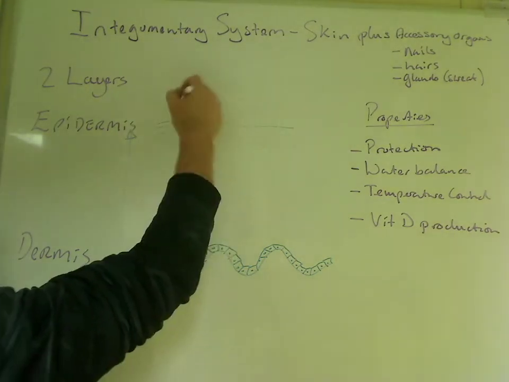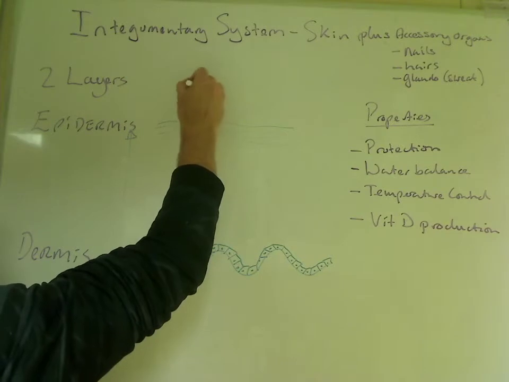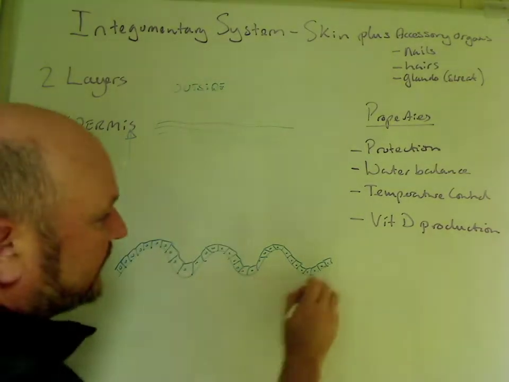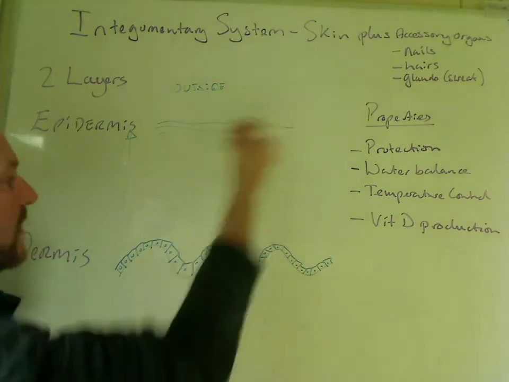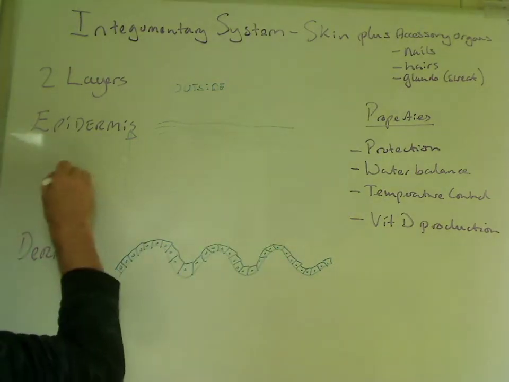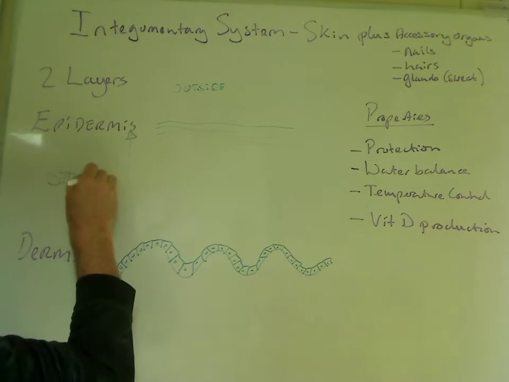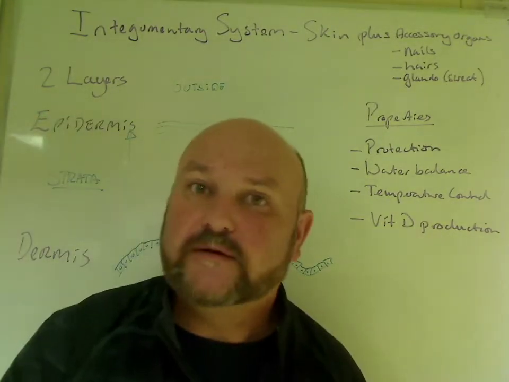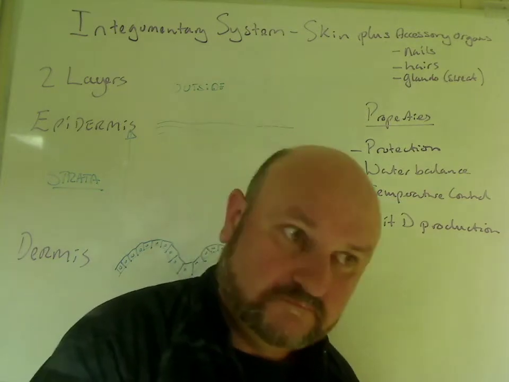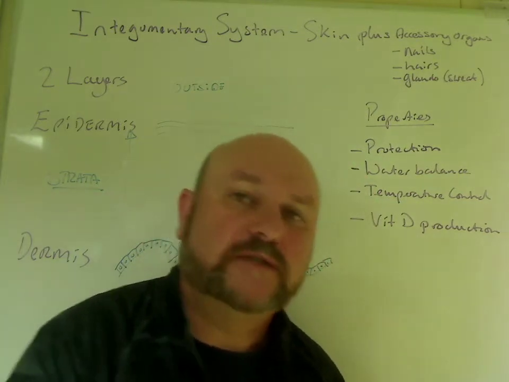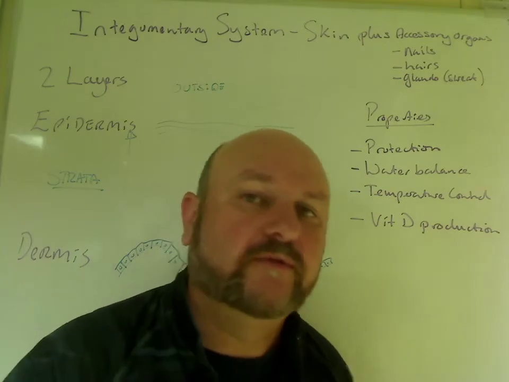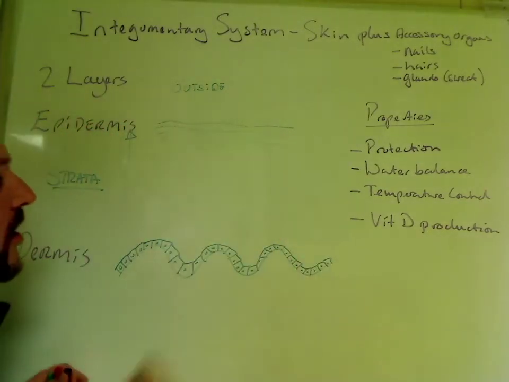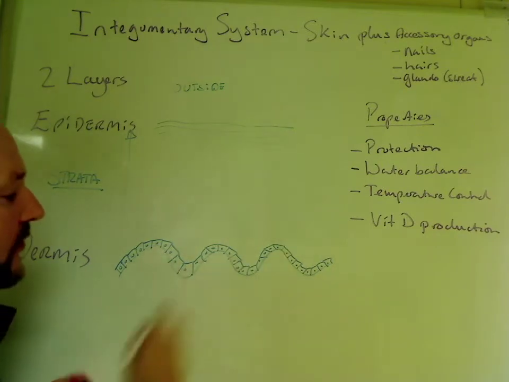moving to this is the outside. So this layer is actually a very important layer. All the layers we have are called strata. Strata is Latin for layer. So each layer is like stratum basale, stratum spinosum, the layer of, and then the basale and spinosum just explain what type of cells and what they're doing there.